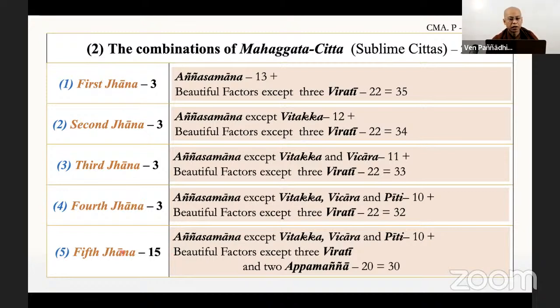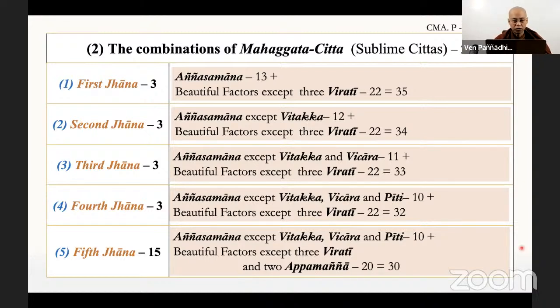So the fifth jhana will be different. But all of them are not related to the object of transgression, which is called the Vitikkama Arammana, taken by the Virati. So Virati is always an exception, and Appamanna is only in the case of the fifth jhana.